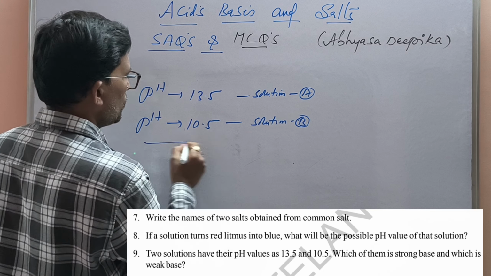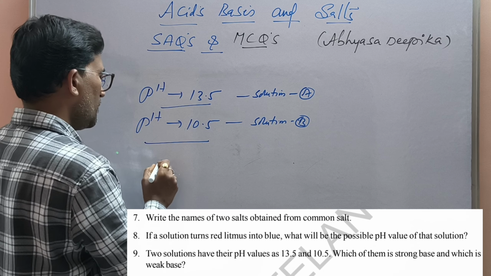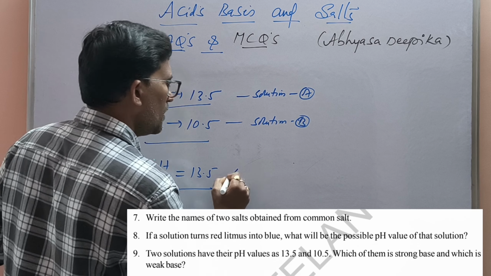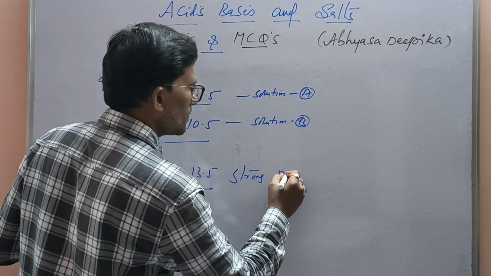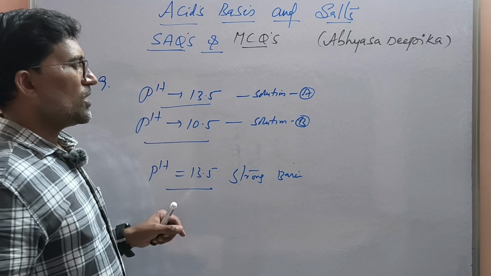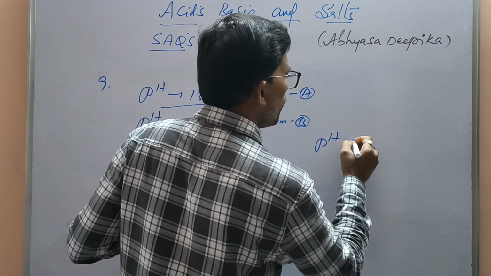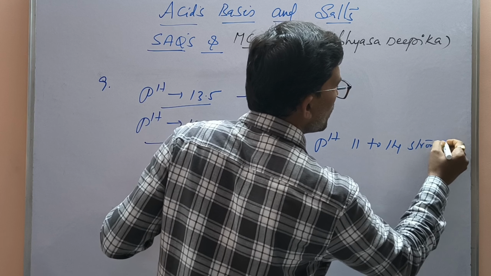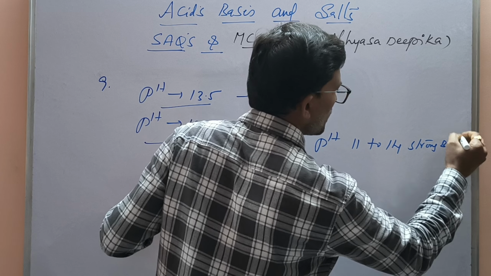Among these two, the very strong base is the one with pH 13.5. The first solution is a strong base. The reason is that pH values from 11 to 14 are strong bases.